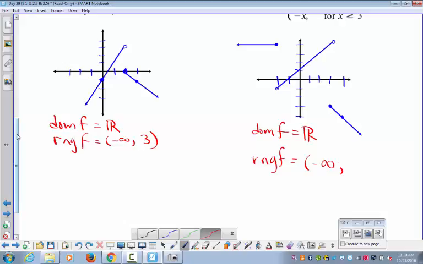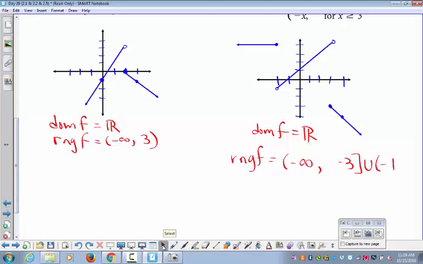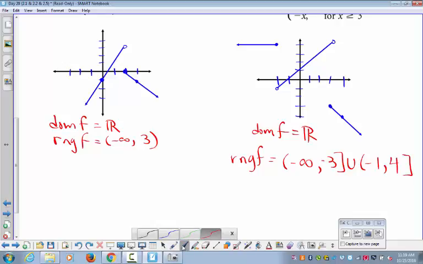And then there's a gap. So -3, and then we include the -3 this time, because it's a closed circle at the -3. Then there's a gap, and it picks up again at -1 with a parenthesis. Exclude -1. And then what? 4 with a bracket, exactly. That's where it ends. 4 with a bracket.